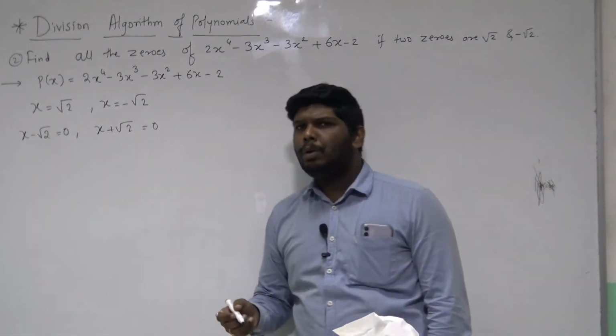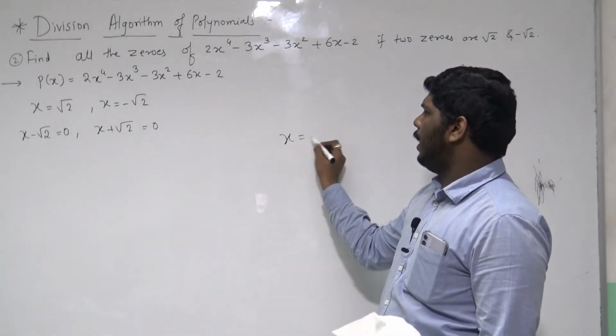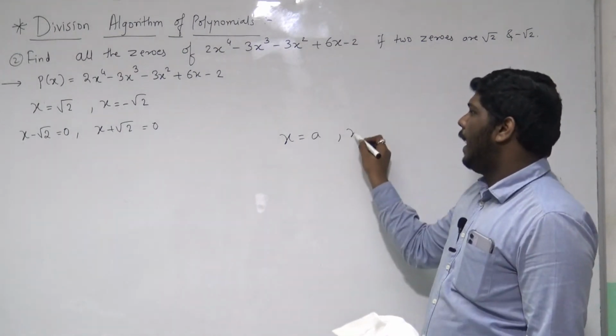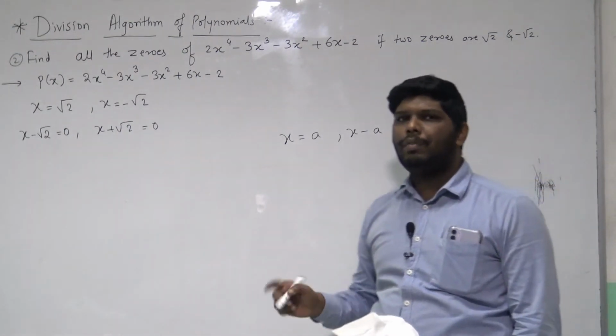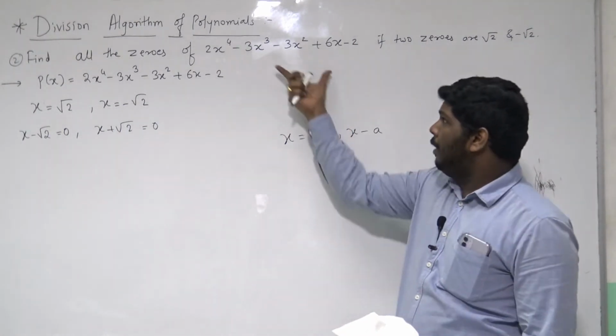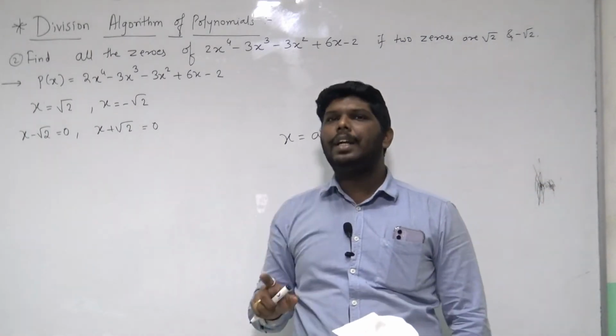Now this statement you might have learned in 9th grade also. If x is equal to a is a zero of a given polynomial, it means x minus a is a factor of the polynomial. So what do you mean by factor? Meaning if I divide this polynomial by this expression, the remainder will be 0. 100% it has to be 0 only.